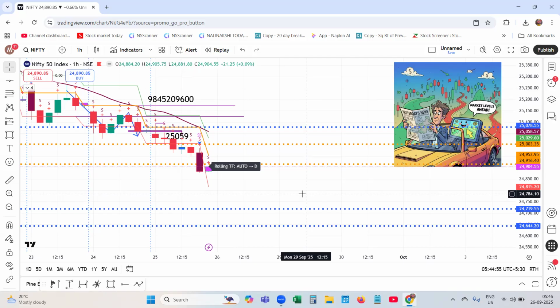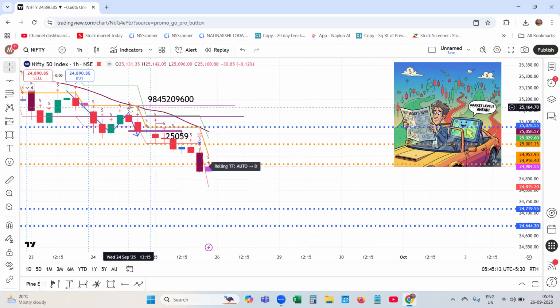And as a live GPS map, rolling pivots are constantly telling that I am losing balance. It is crying, losing balance. Even though price is showing green candles, it is telling that price is not above the balance line. That's why rolling pivots are included.